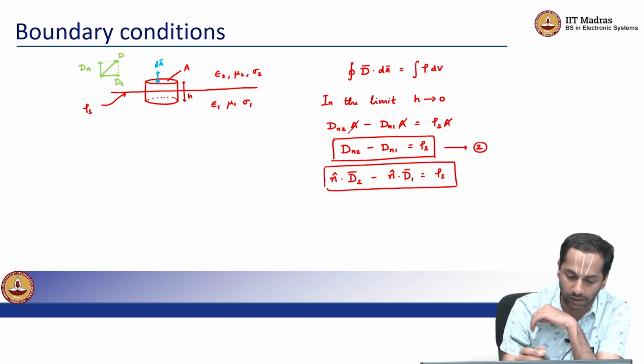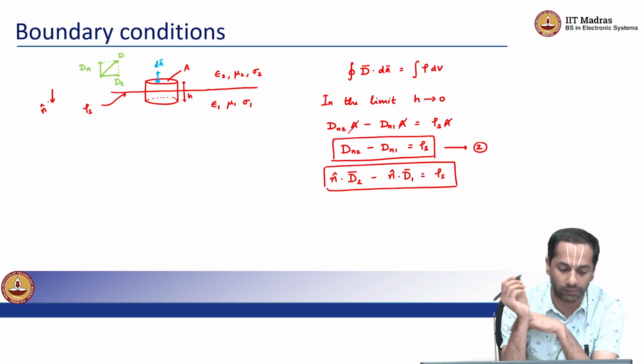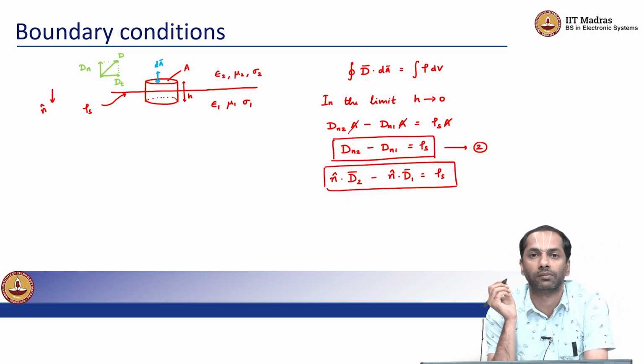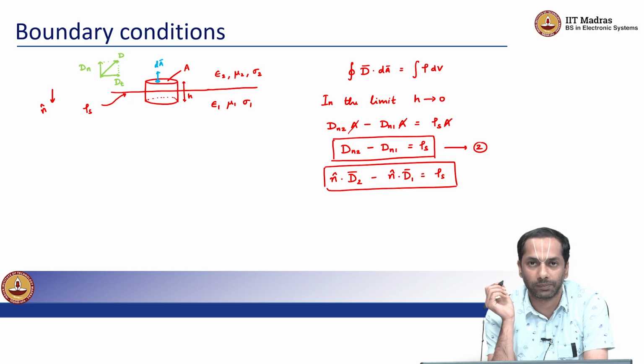So remember, the n cap is in this direction. Okay, so we are asking the question, how much of the d vector is aligned towards the normal vector of the interface, right?